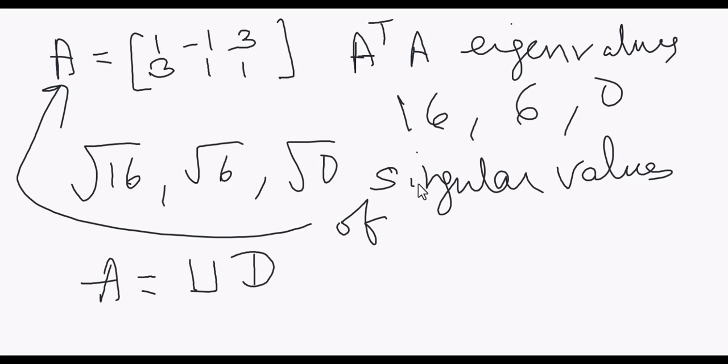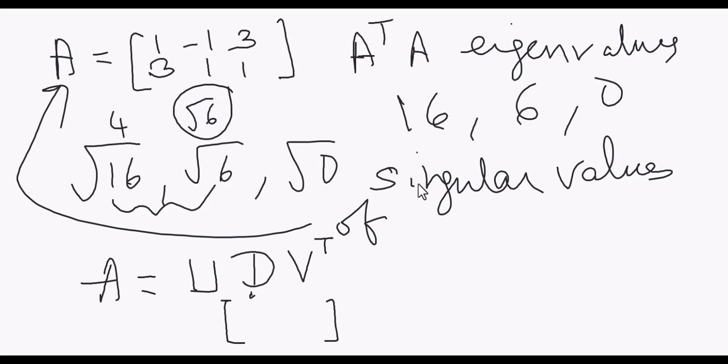And let's just write the way your book writes, the book by David Lay et al., where it's U D times the transpose of another orthogonal matrix V. And this D will be made up of these: square root of 16 is 4, that of 6, square root of 6.